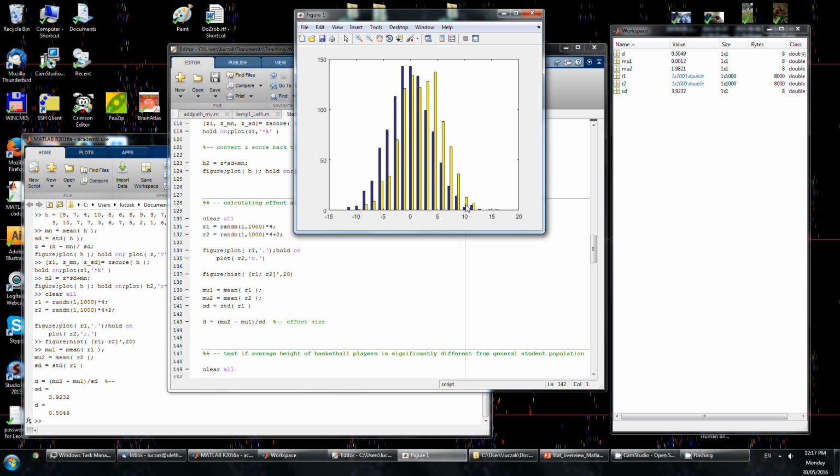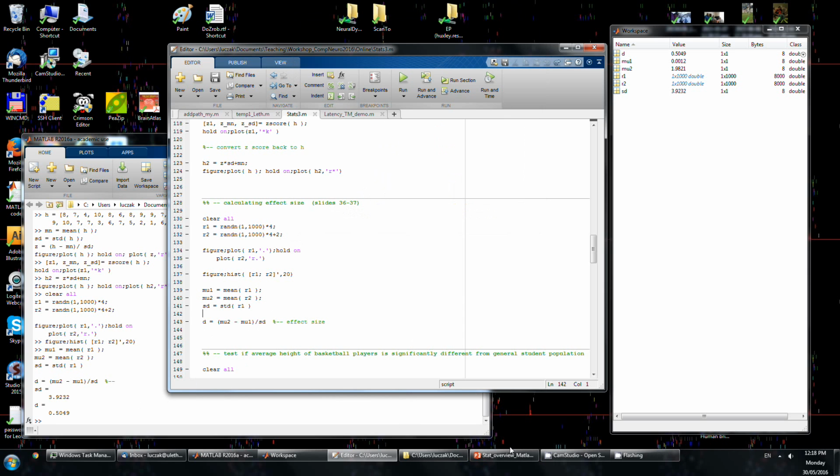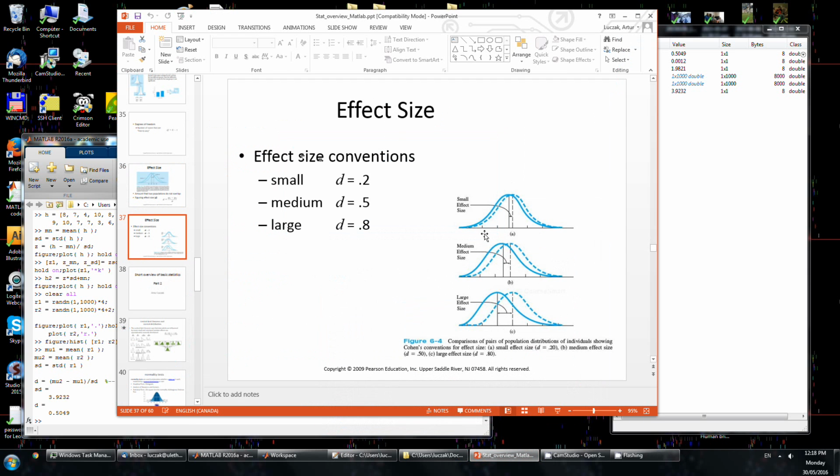If we have two populations which are quite overlapping, but the effect size is 0.5, usually it is considered quite significant. We had some rules of thumb: an effect size of 0.2 is considered small, 0.5 is medium, and the large is around 0.8.